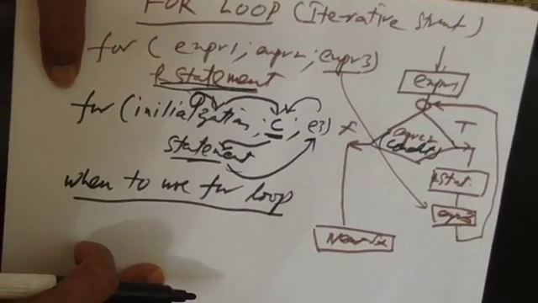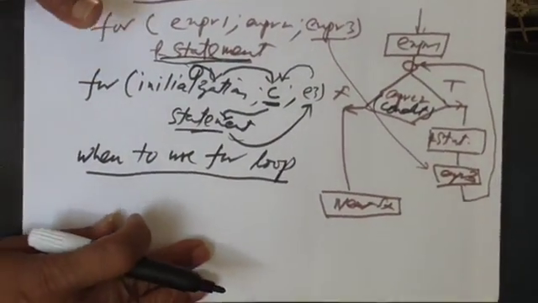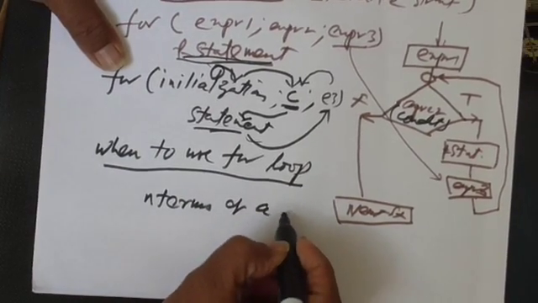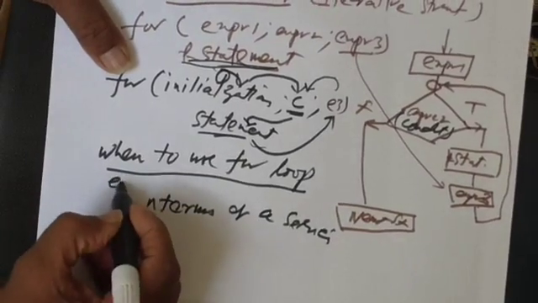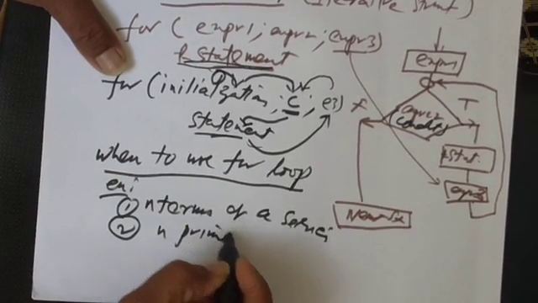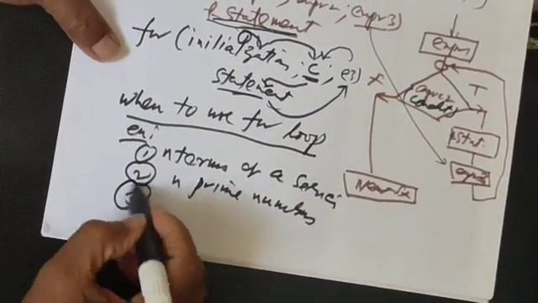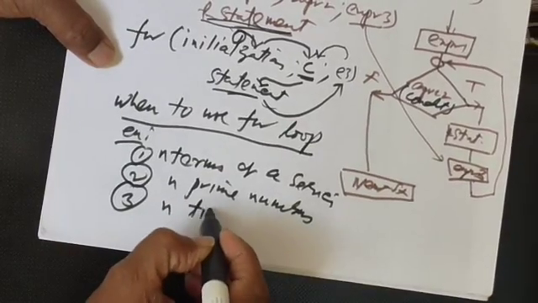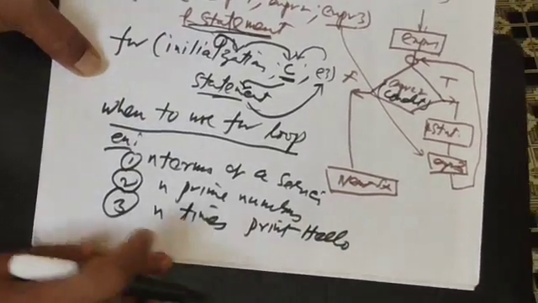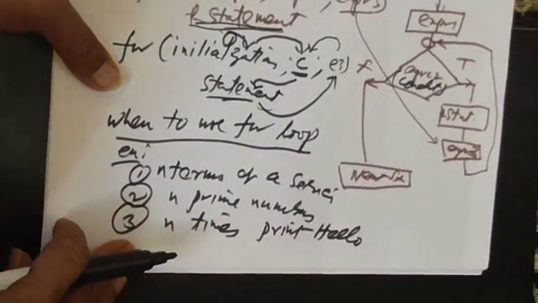If you would like to find out n terms of a series, for example, or n prime numbers, or say print hello n times on the system, in all of these examples you can use a for loop.